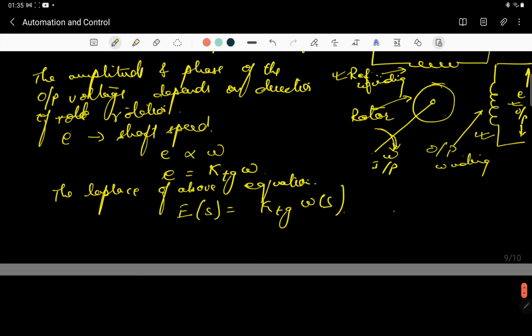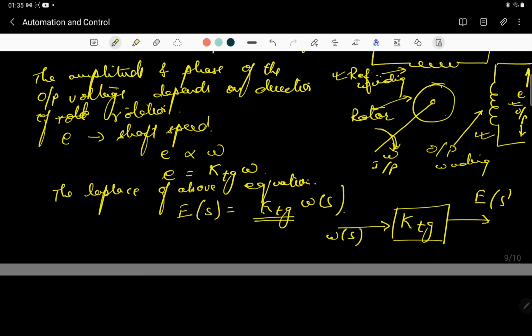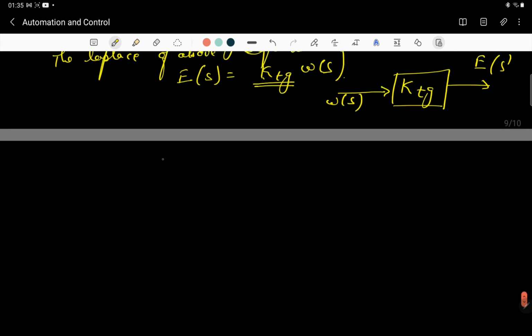In the block diagram form we can very easily draw this K_TG, with the output E(s) and the input omega(s). Output upon input gives you simply K_TG. So the transfer function of the AC tachogenerator is E(s) upon omega(s) equals K_TG.